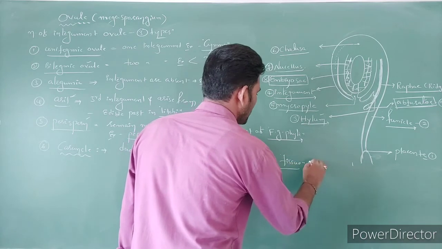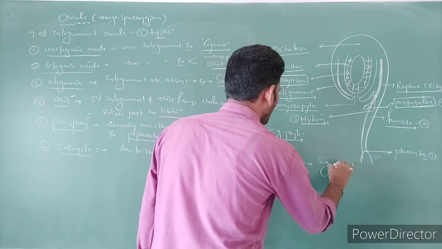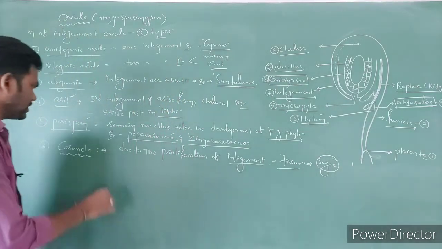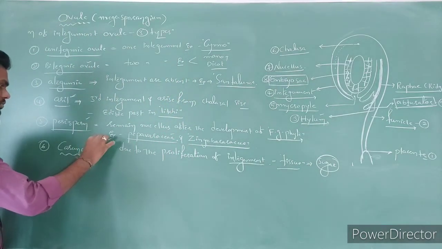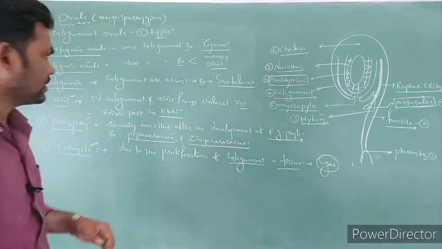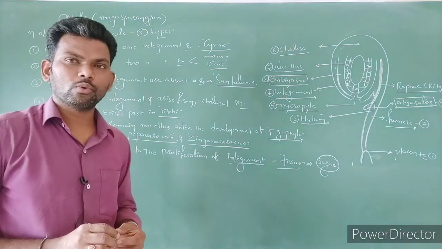Such a mass of tissue we can call as caruncle. This mass of tissue contains a high amount of sugar molecules. Such a part we can call as caruncle. So this is some extra information regarding the anatropous ovule.